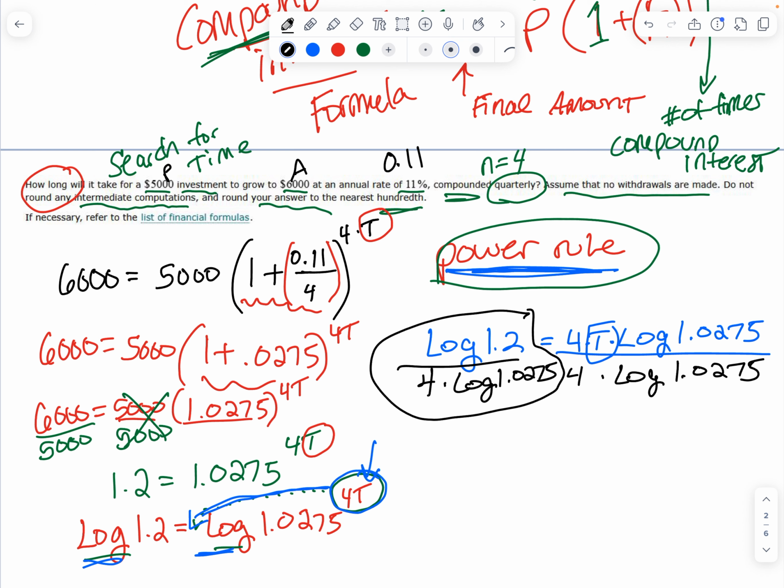So what I'm going to do is I'm going to type in log, and then I press that button, and it comes up with a parenthesis. Then I do 1.2. Then I'm going to close my parenthesis. Then I'm going to hit divided by. And then downstairs, I'm going to type 4 times log, I'm going to hit that log button again, of 1.0275.